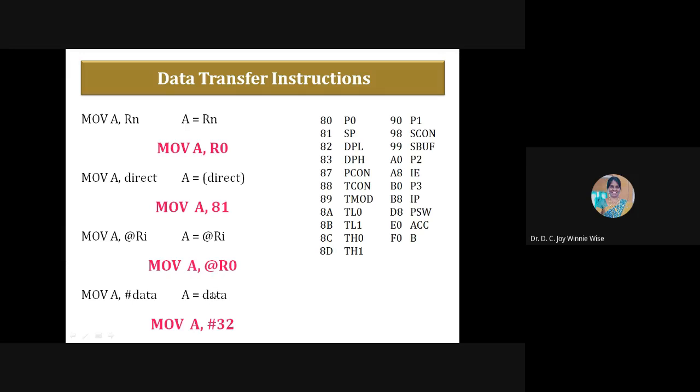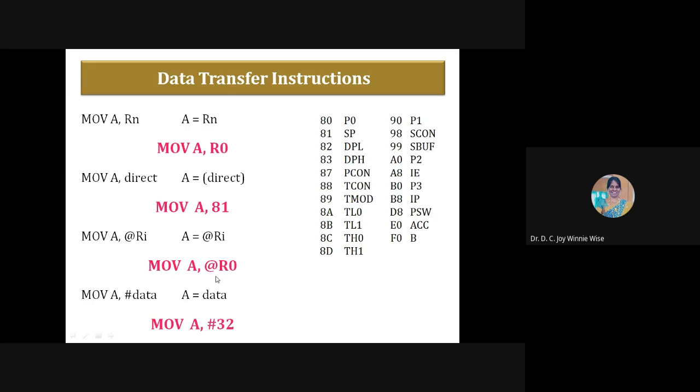The next one: I want to move the data 32 to the accumulator. Directly write MOV A, #32. That's all. So MOV A, R1: here the source is a register. In the second instruction, the source is an 8-bit address, A, 81. 81 refers to the stack pointer, and the content of the stack pointer will be transferred to the accumulator.